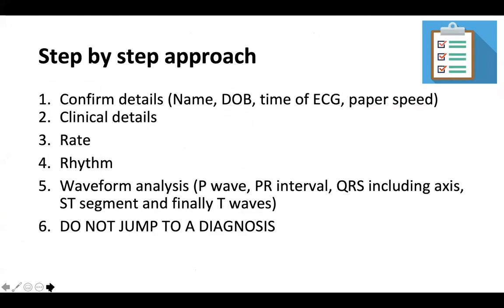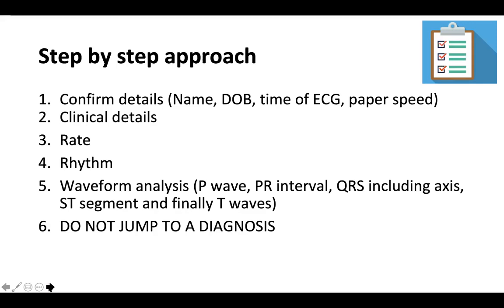I have to be honest, I used to look at ECGs and spot diagnose, but I found that it's much better to go through an ECG systematically so that you don't miss anything important. And also it just makes interpreting ECGs much easier if you go through the step-by-step approach.